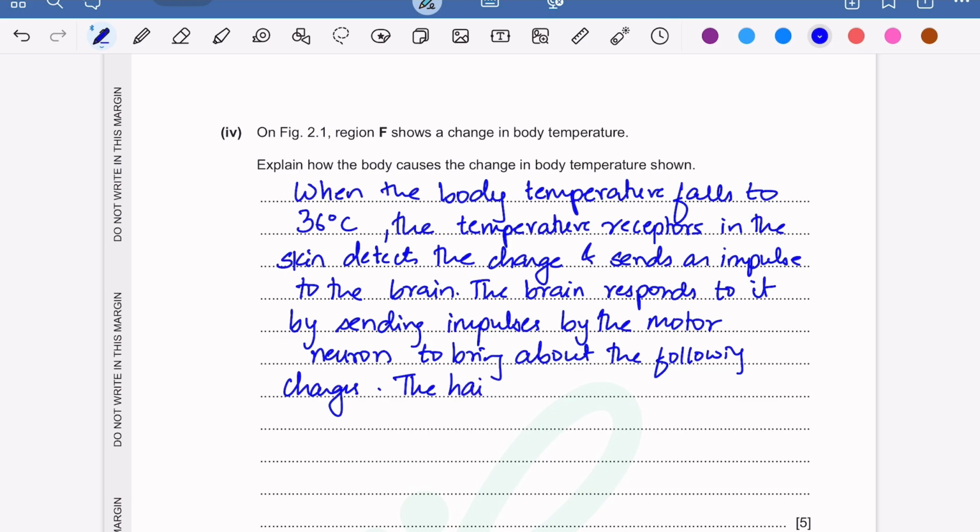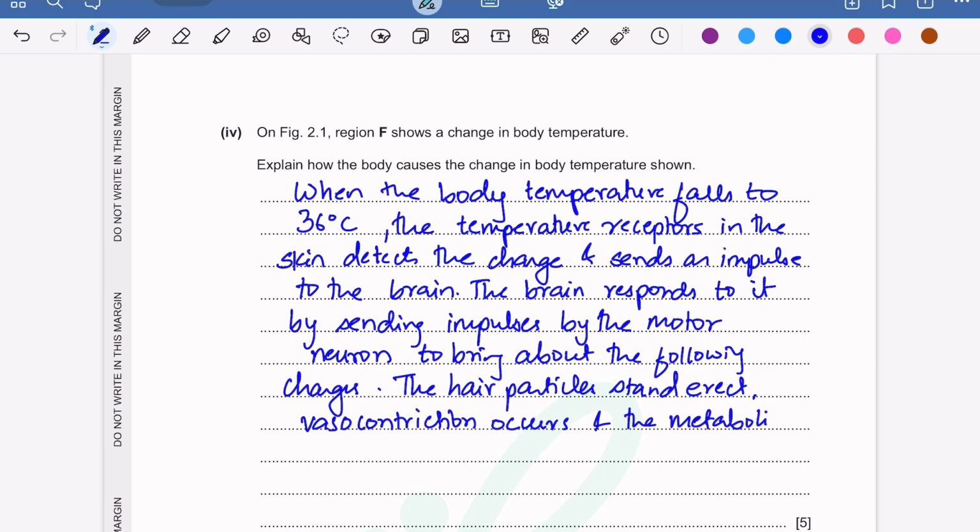The hair follicles stand erect, vasoconstriction occurs, and the metabolism increases.